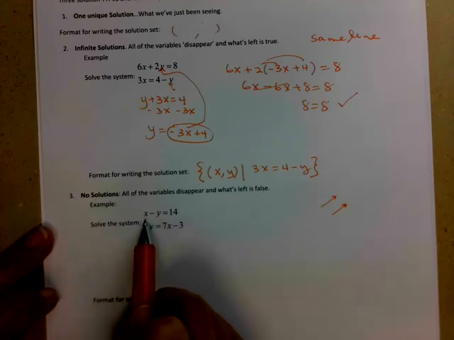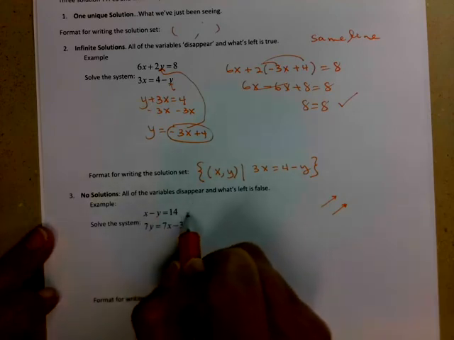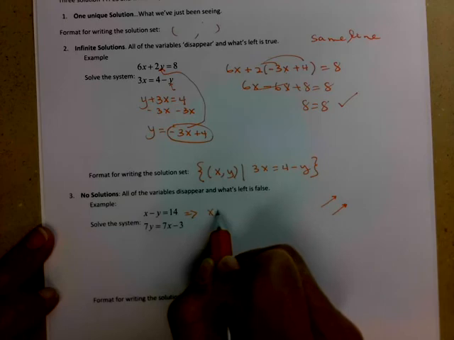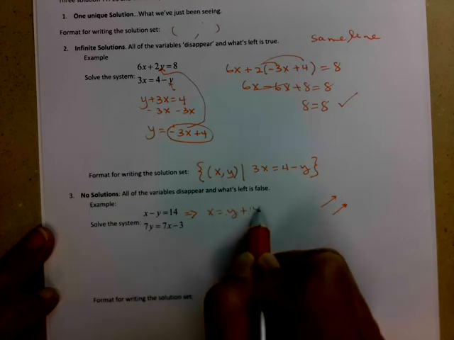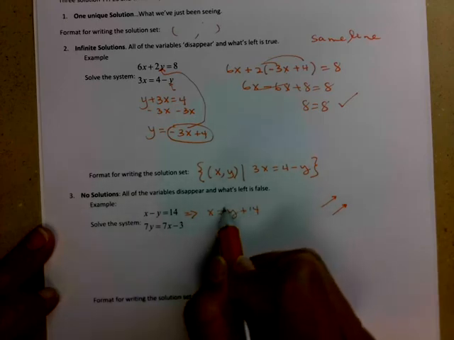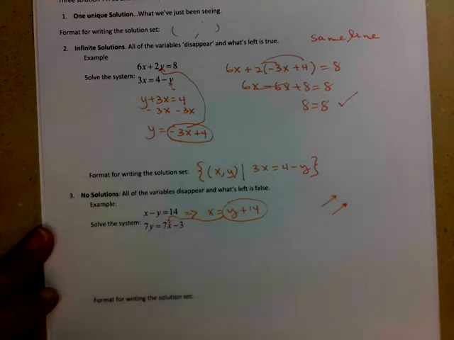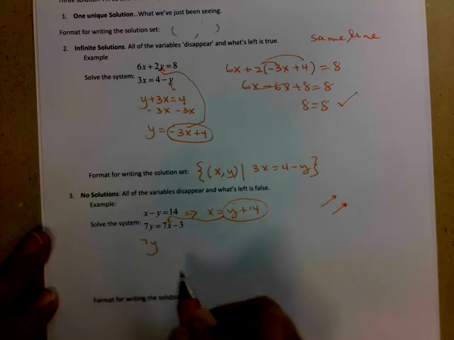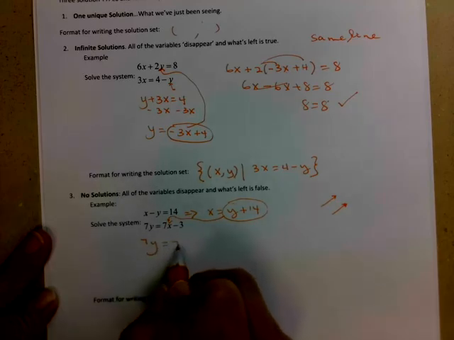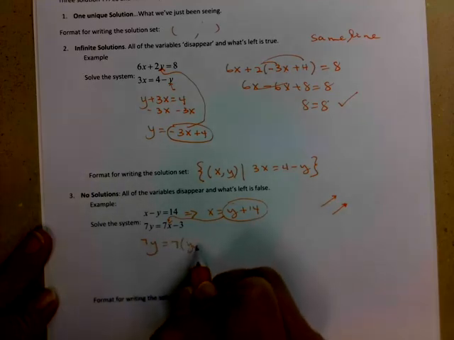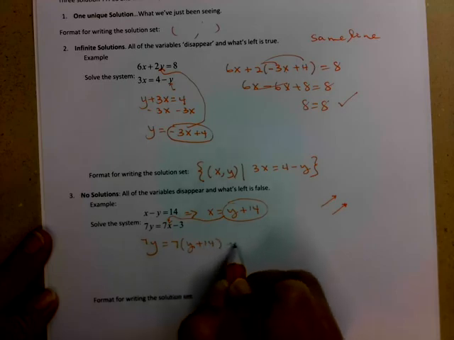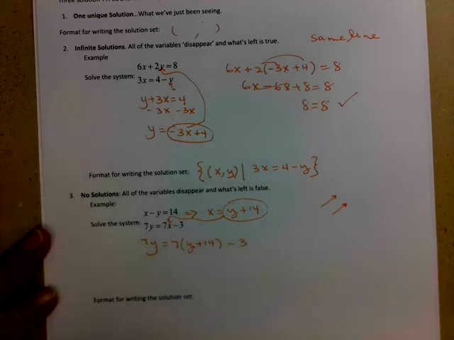So I will solve the top equation for x. So x equals y plus 14. I would substitute y plus 14 into the second equation. So 7y equals 7 times x, but x is now being played by y plus 14, minus 3.